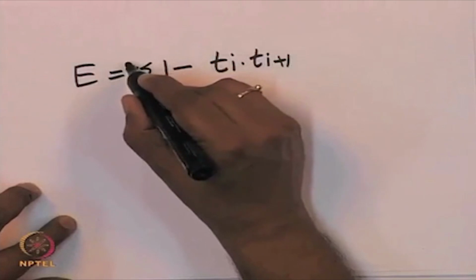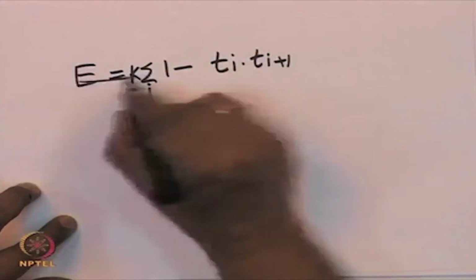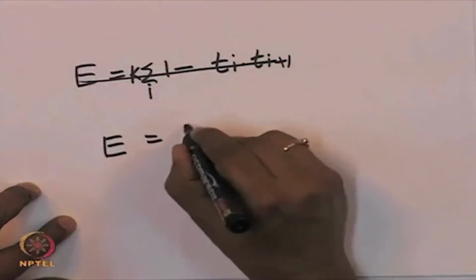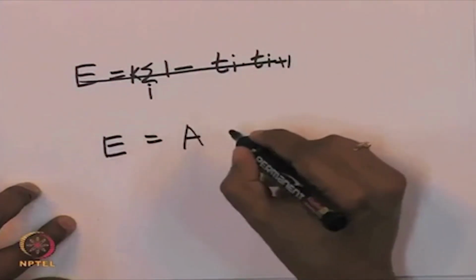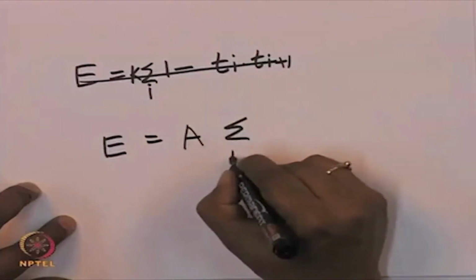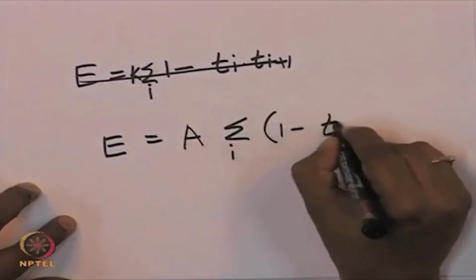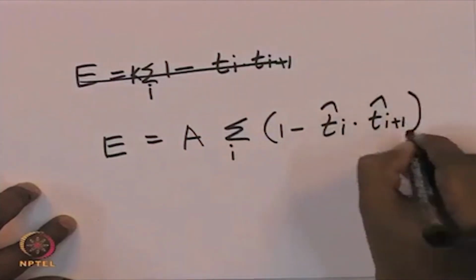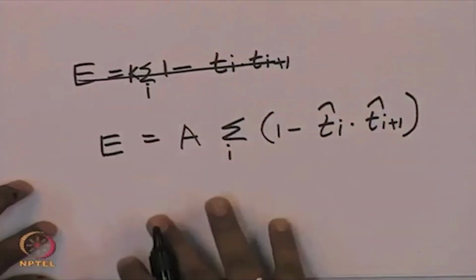So, let me call E basically some constant A times sum over I of 1 minus T_I dot T_(I+1). So, it can also be written like this.